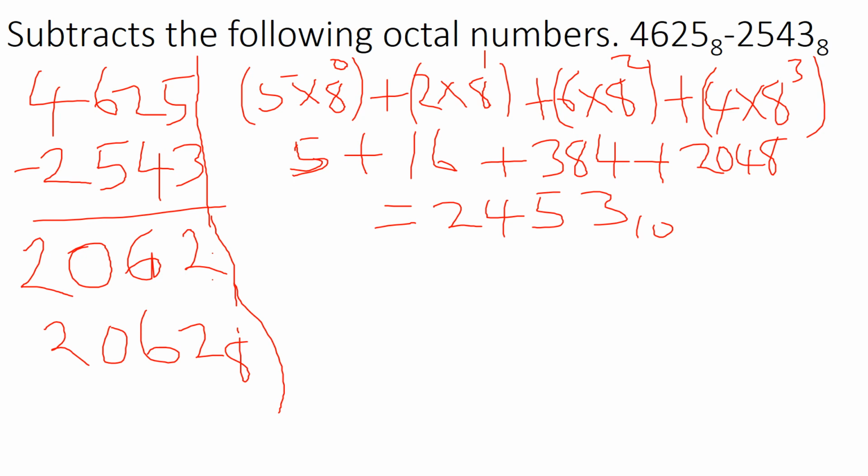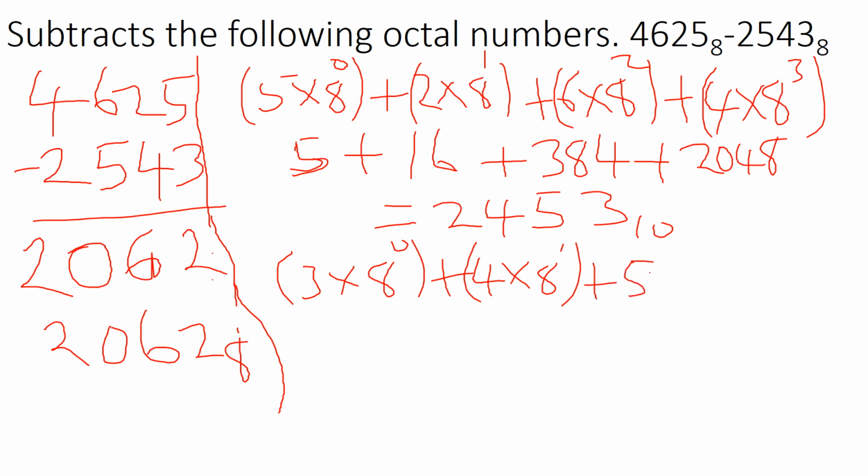We see if we are going to get the same answer. So the other one, we have 3 multiplied by 8 raised to power 0, then plus 4 multiplied by 8 raised to power 1, and then plus 5 times 8 raised to power 2, and then plus 2 times 8 raised to power 3.